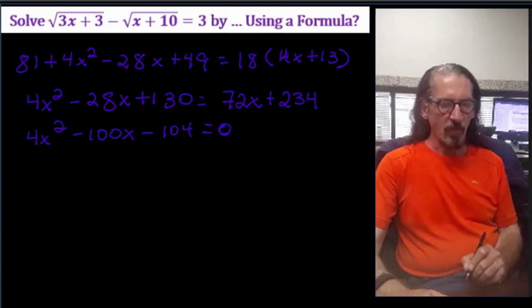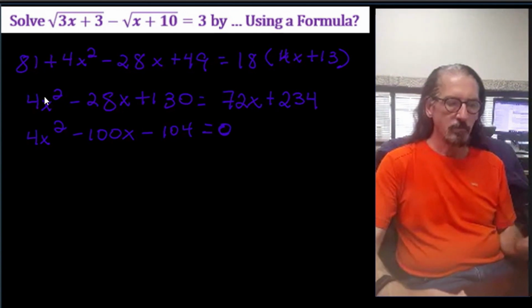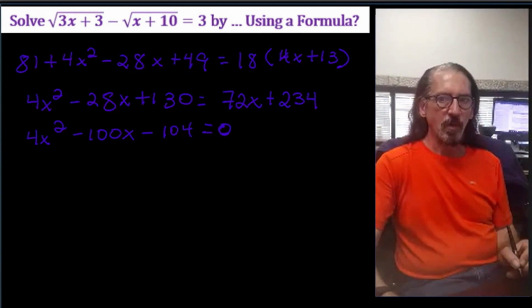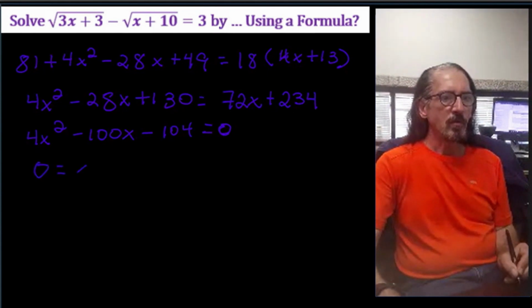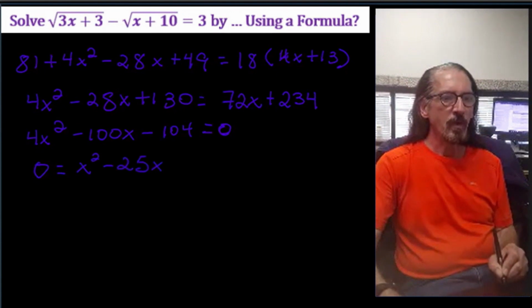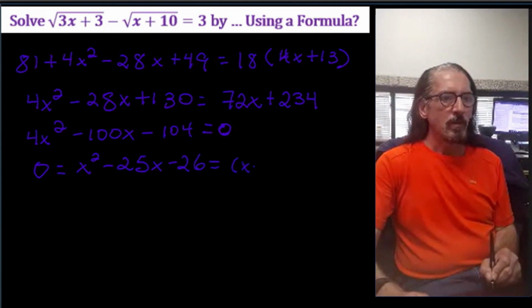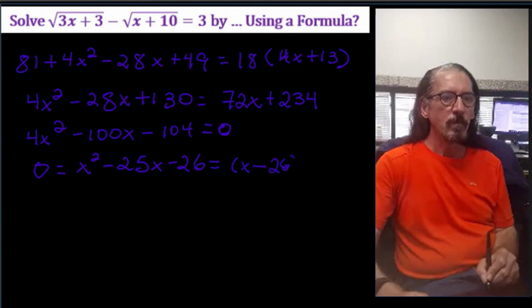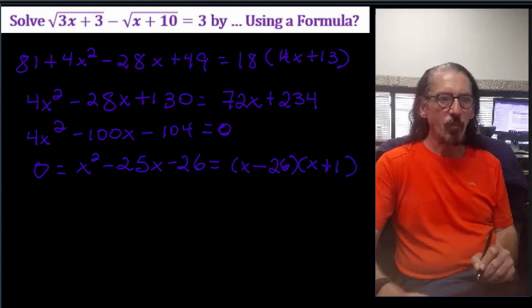Dividing all terms on both sides by 4, we get that 0 is equal to x squared minus 25x minus 26. And that's something that factors nicely. x minus 26, that quantity times the quantity x plus 1.